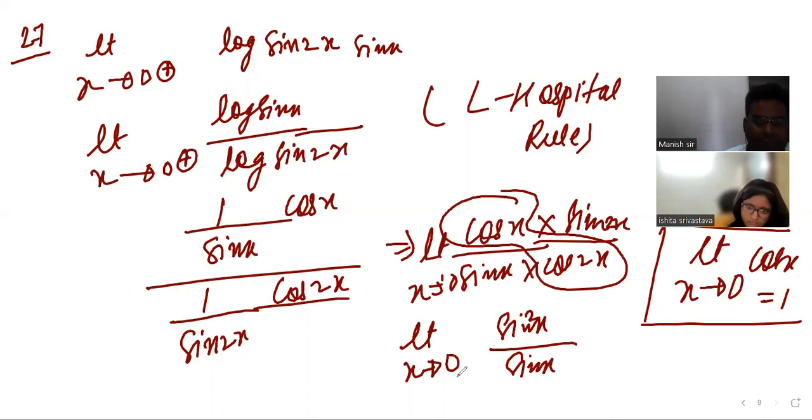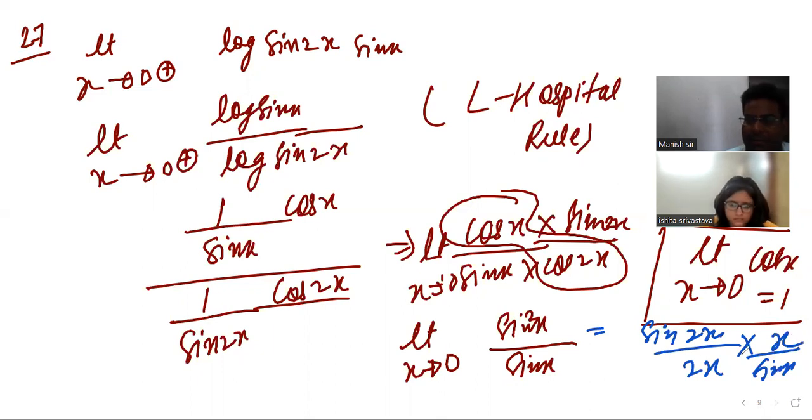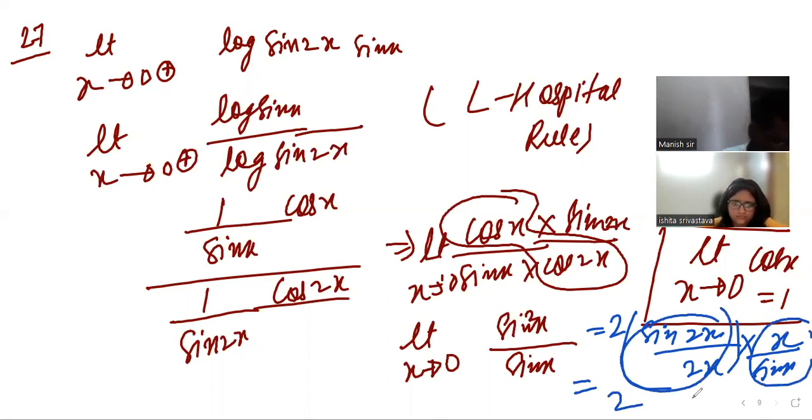So I need here 2x and x. So I will arrange here sine of 2x, and I need 2x. And for the sine of x, I need x. So what we have done, divide by 2, so I need to multiply with 2. Then it will become 1, and this will become 2. So your answer will be 2.